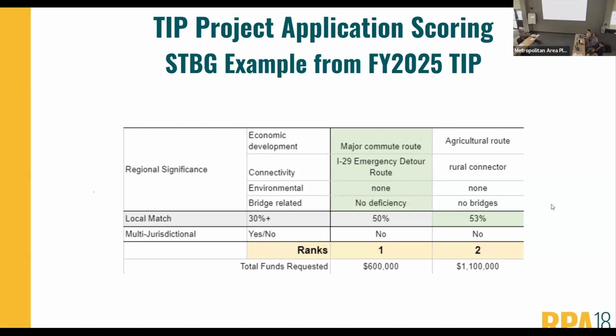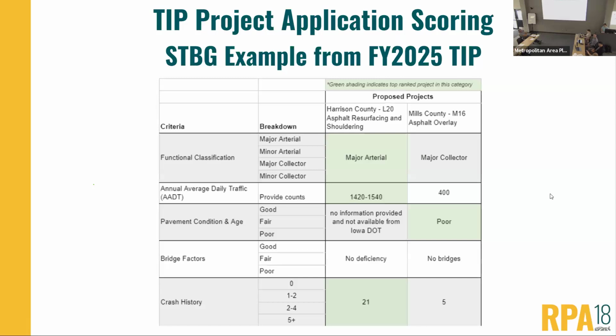I think that's great, because it still throws it back to the membership to vote on it. If they can see that this project, even though it rates less, might have more importance for that county or city, then it can still be overridden.